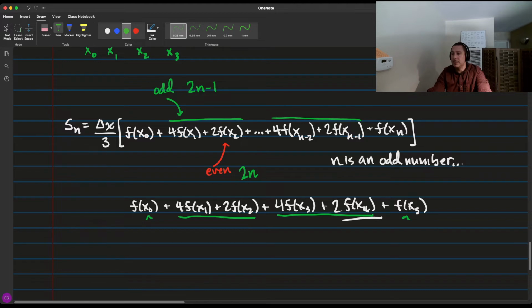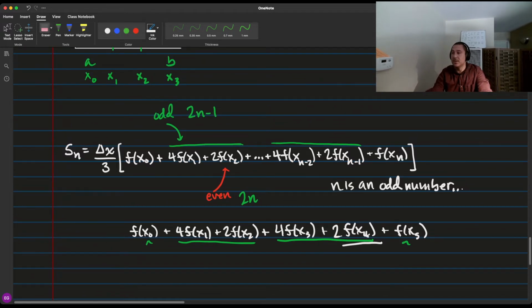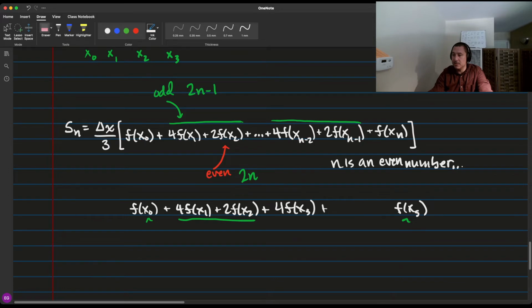Oh, my bad. I'm so sorry. n is going to be an even number. What's weird about this is that what actually happens is that your last one here just ends with a 4.